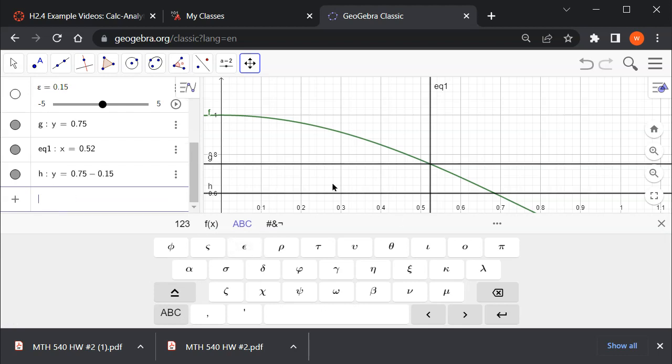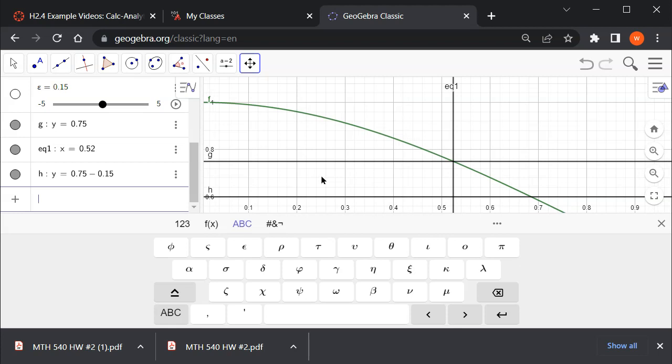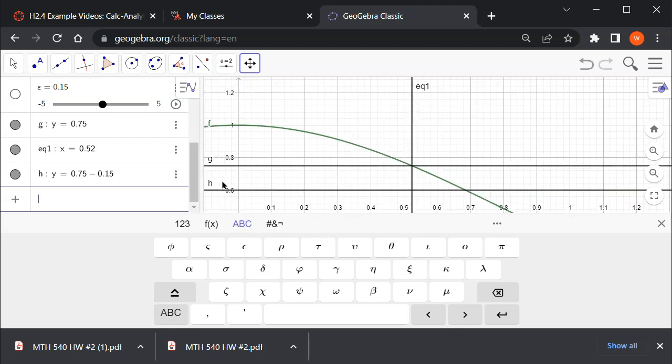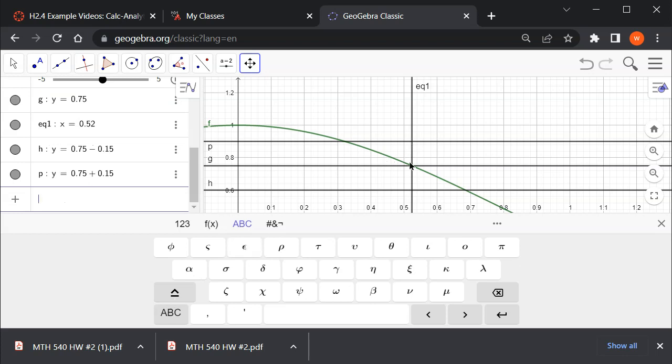Do you see the line? Oh, there's a line here, I just didn't see it. It's another line, y is equal to L minus epsilon. Then we go beyond epsilon: L plus epsilon, and hit enter. So we got this picture.